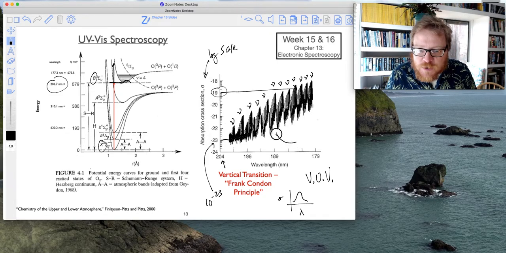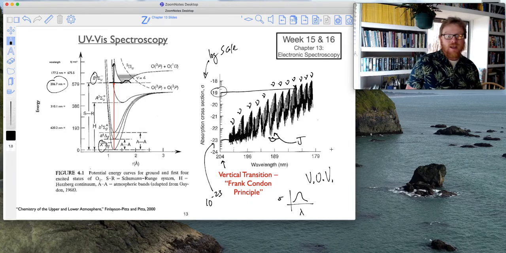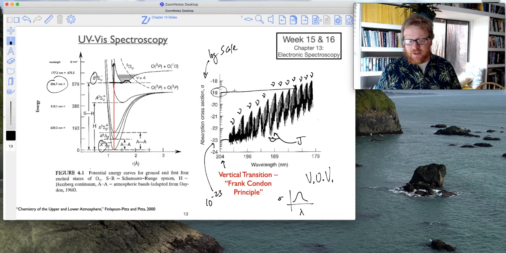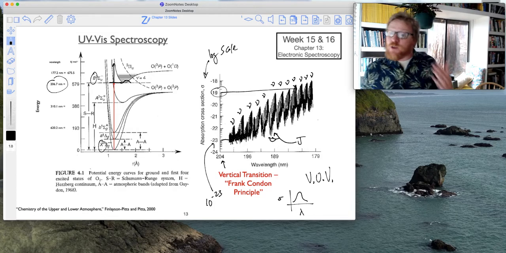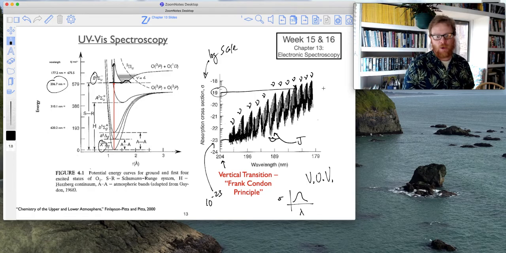But you can also see within each family there are several more lines, and those correspond to the rotational states. We observe this in this oxygen spectrum because, for one, it's a gas. Gases rotate. If this were liquid oxygen or solid oxygen, we wouldn't see those rotational levels, okay? But we also see various vibrational features as well.